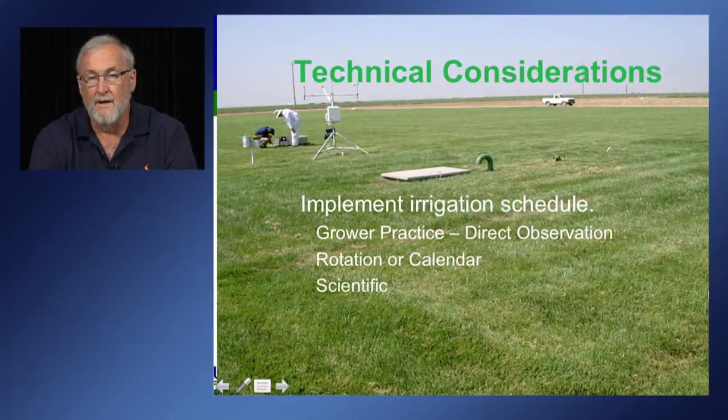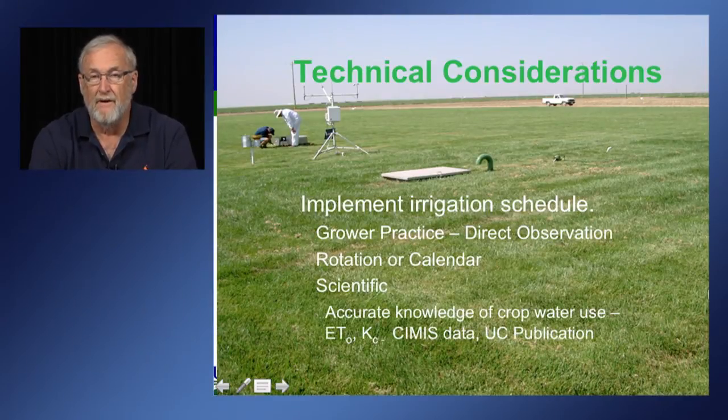But really what we're trying to move towards is some sort of scientific-based method wherein you calculate the crop water use based on the evapotranspiration, the potential evapotranspiration, or the potential water loss due to the energy in the atmosphere. This is modified by a crop coefficient, the Kc. This crop coefficient is a representation of the development of the crop during the growing season.